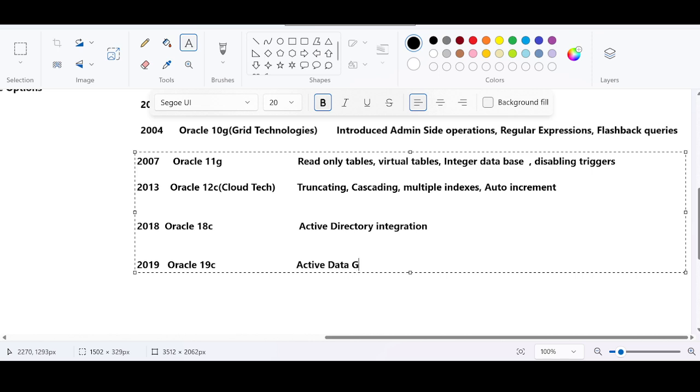I don't want to give everything in detail, but these are the major things.